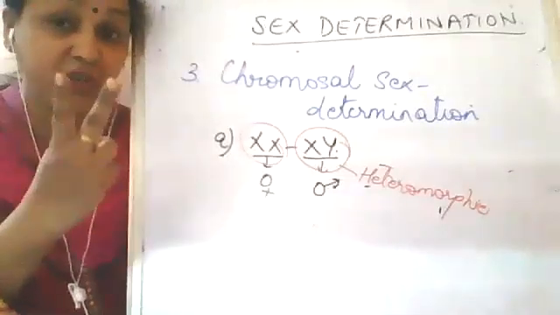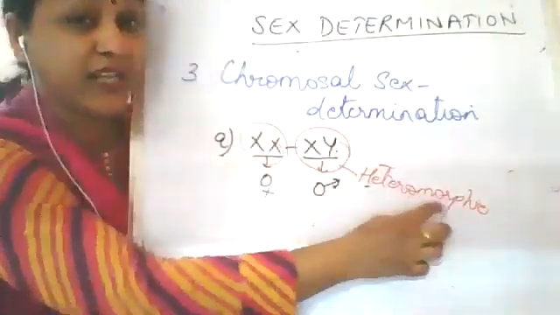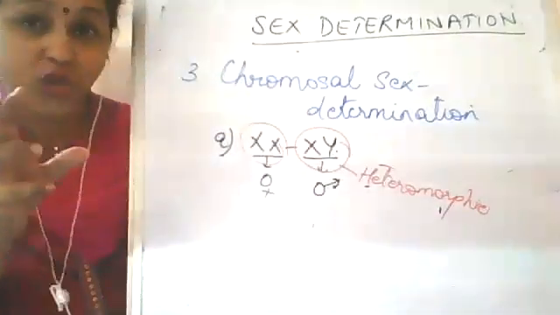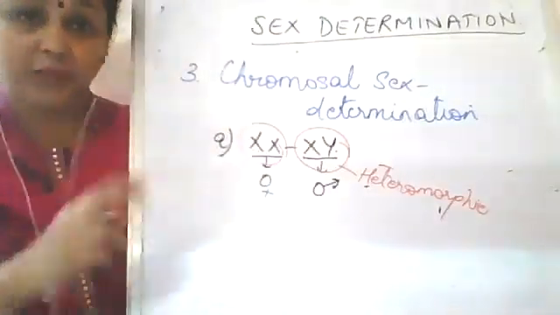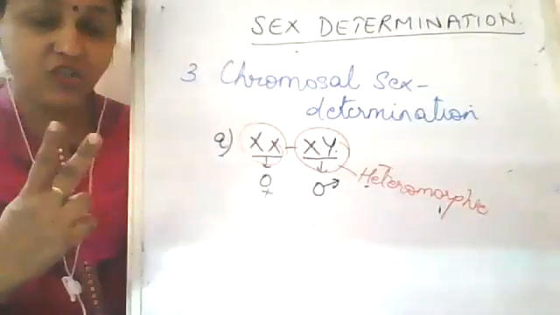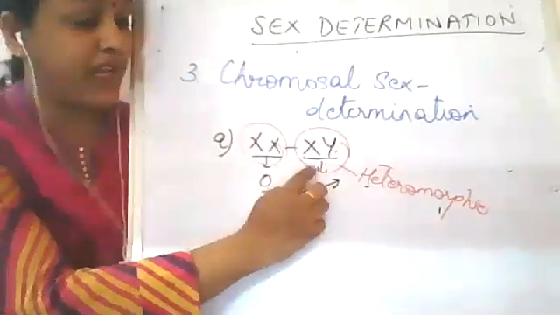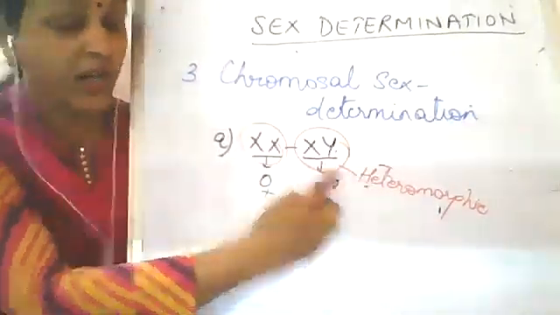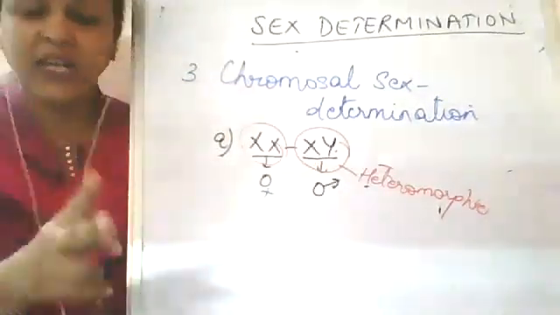Hetero means two different types, like homozygous, heterozygous. When we look at these chromosomes under the microscope, they are differently shaped, X-shaped and slightly Y-shaped. So two differently shaped structures are present, and then the child develops into a male child. So males are called heteromorphic, whereas females are homomorphic, as both the sex chromosomes are of the same type.